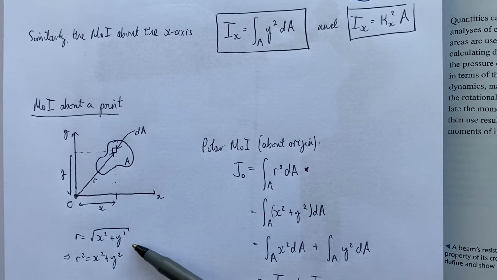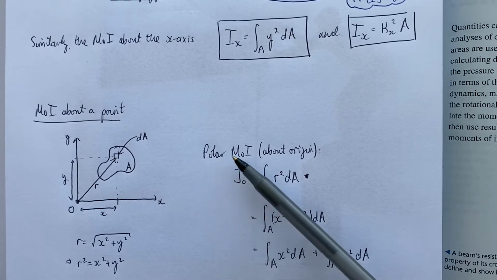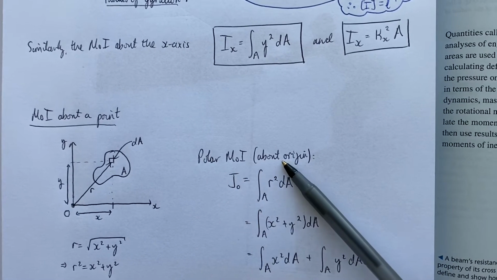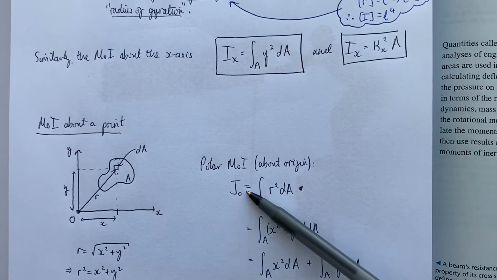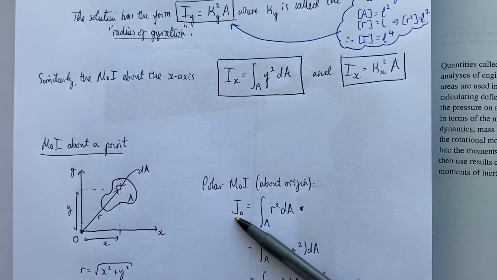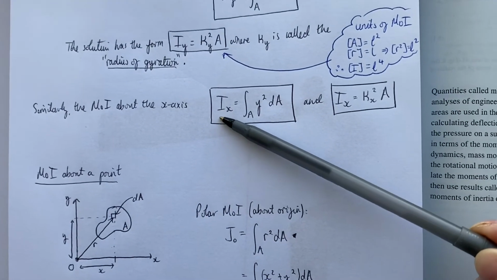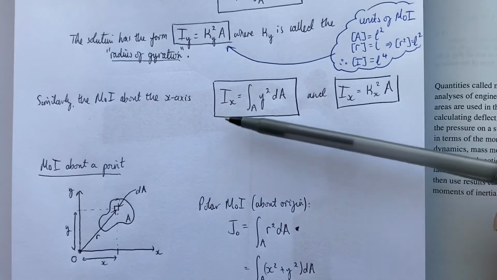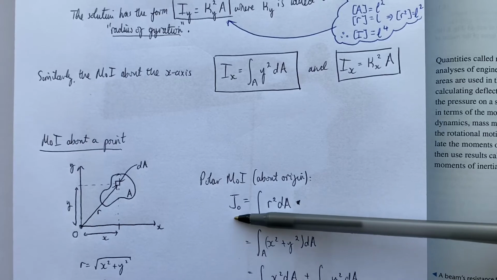And then we can calculate what's called the polar moment of inertia. So that just means about a point, right? In this case about the origin, and we denote this with a capital J instead of a capital I to make the distinction between the moment of inertia about a line or an axis and the moment of inertia about a point.